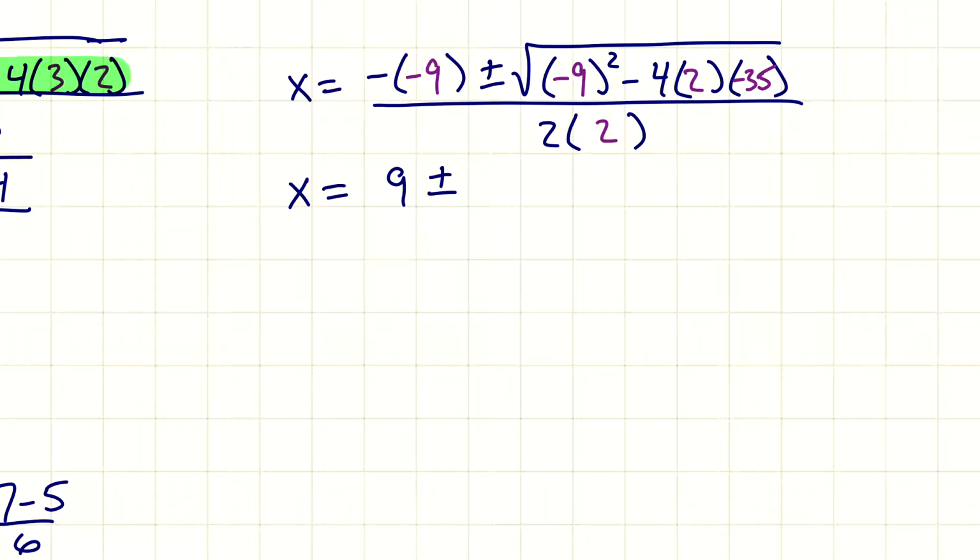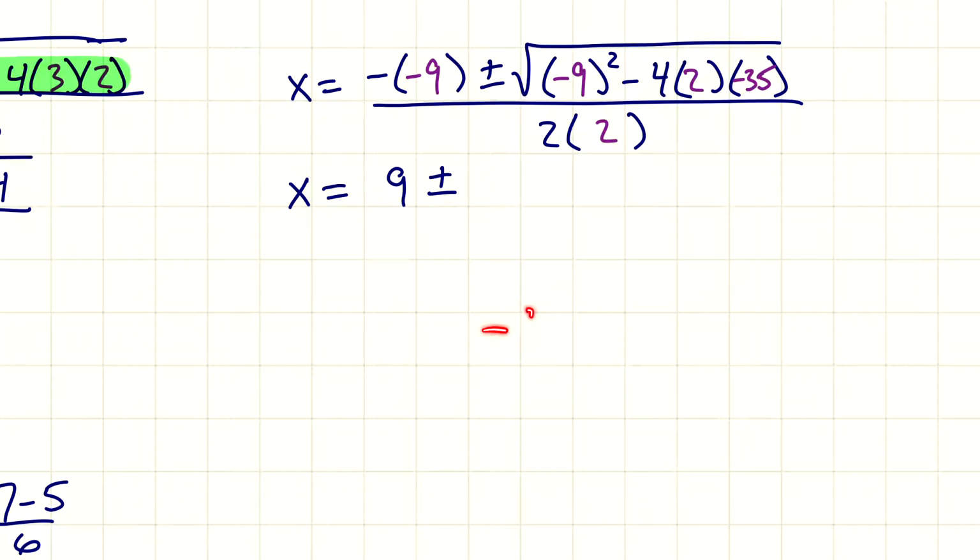And then negative 9 squared. So again, if you type in -9 squared like this, let's see if I get it right this time. -9 squared like this, it'll give you -81, which is wrong. We don't want this.